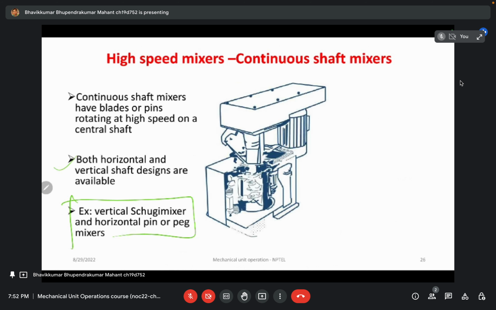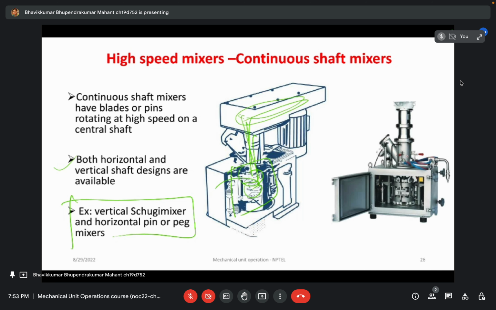So this is a typical picture of the Schugi mixer. As you can see, this is a vertical mixer. You just feed your material, and there is a shaft which has some blades. It is rotated using pulleys or belts at very high speed so that the material can be converted into granules.